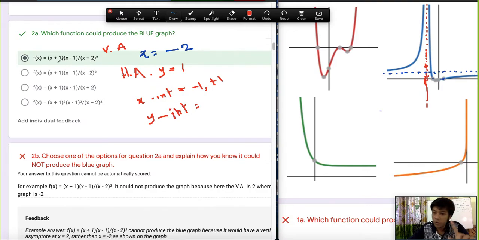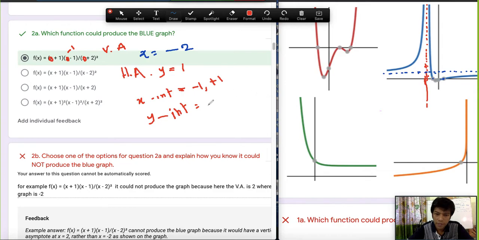The y-intercept will come when you put x equal to 0 in the equation. So if you put 0 here, here and here, what happens? This is plus 1, this is minus 1. So plus 1 into minus 1 is ultimately minus 1. This is plus 2 whole square, and plus 2 whole square means plus 4.